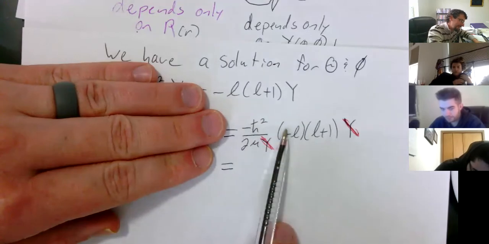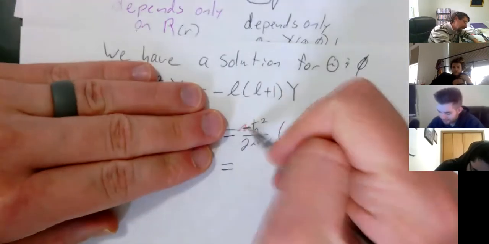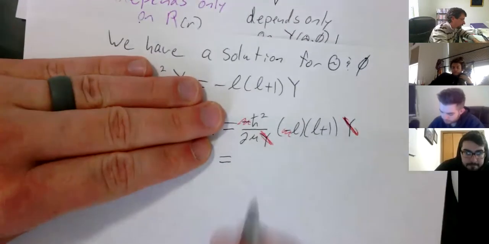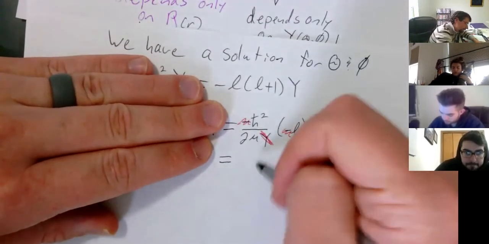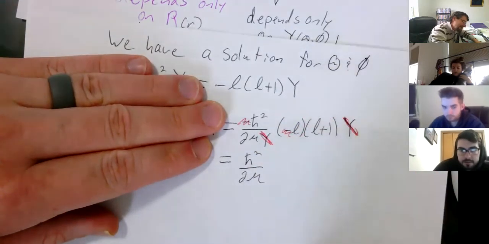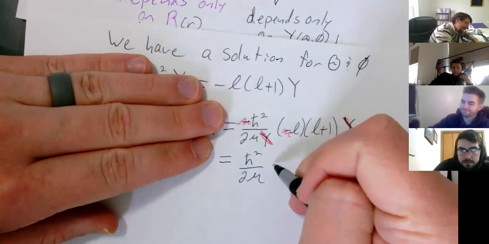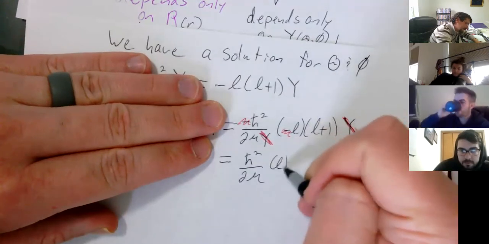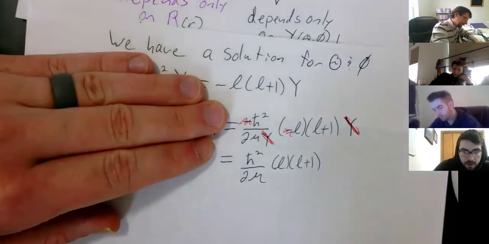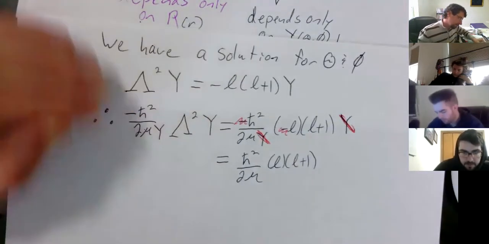Negatives go away. So what's our overall expression? H bar squared over 2 mu, L times L plus 1, and the Y's are gone. So there we go.